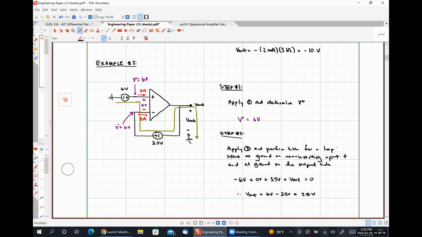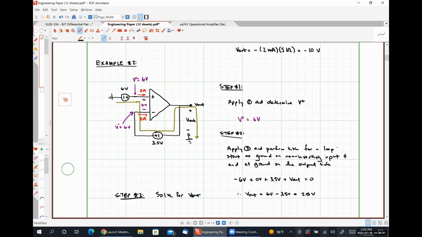Sorry, step 3 should have been solved for V out. Let me write this here. Got slightly ahead of myself.